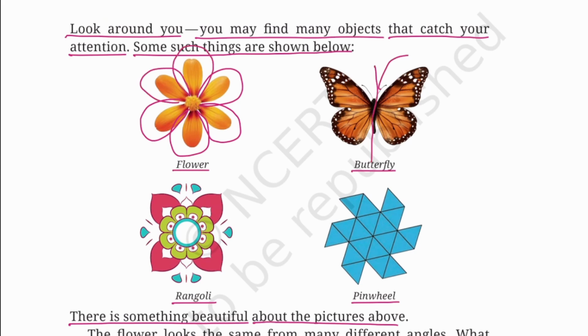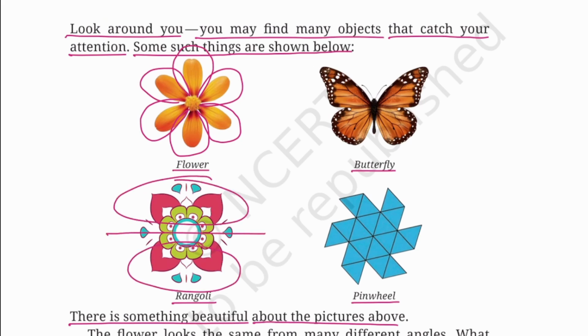Similarly, in the butterfly, you can see this half is the mirror image of the other half. Similarly, in the Rangoli, this half is the same as this half, or this half the same as this half.